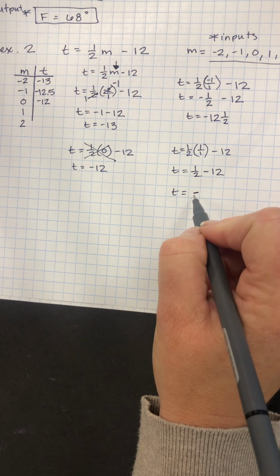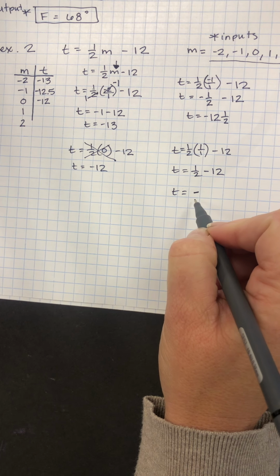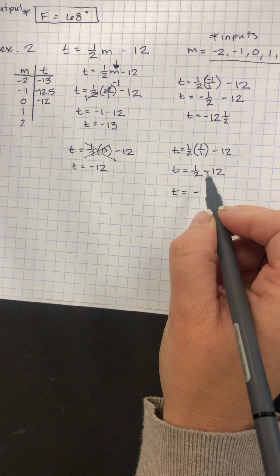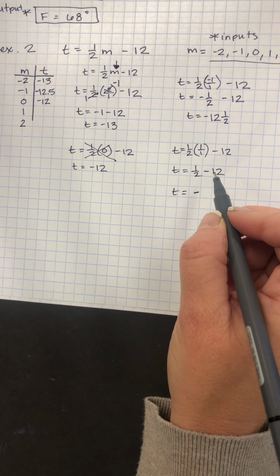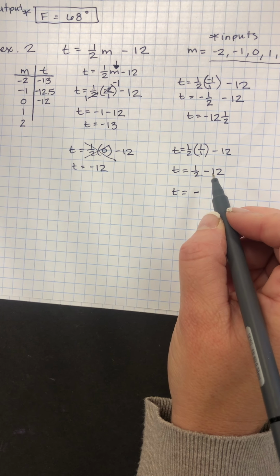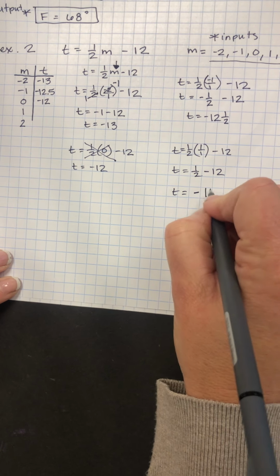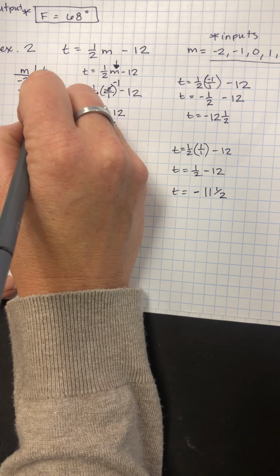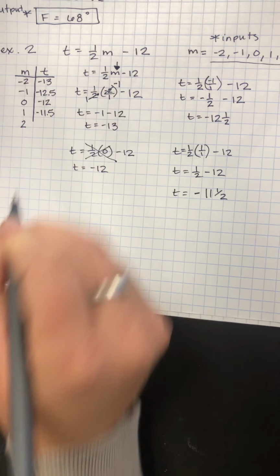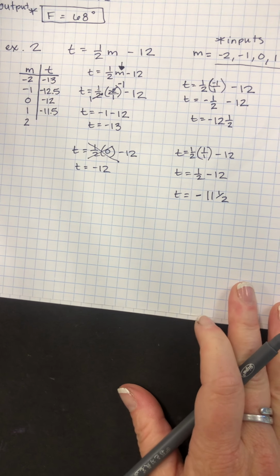So 12 is bigger, and it's negative, so my answer is going to be negative. And when they're opposite signs, we subtract them. So if I take 1/2 away from 12, what do I get? 11.5. So I have negative 11.5. So that's my output. So I'm going to put that in my table.